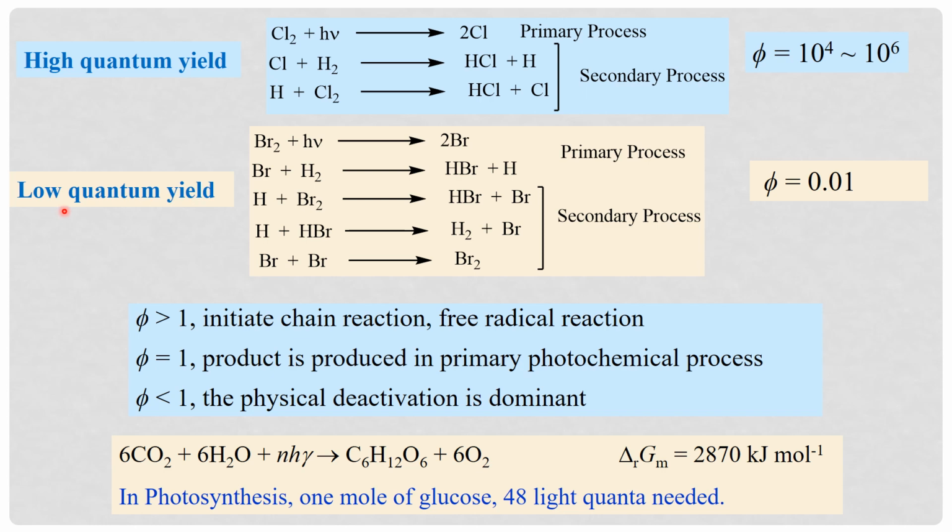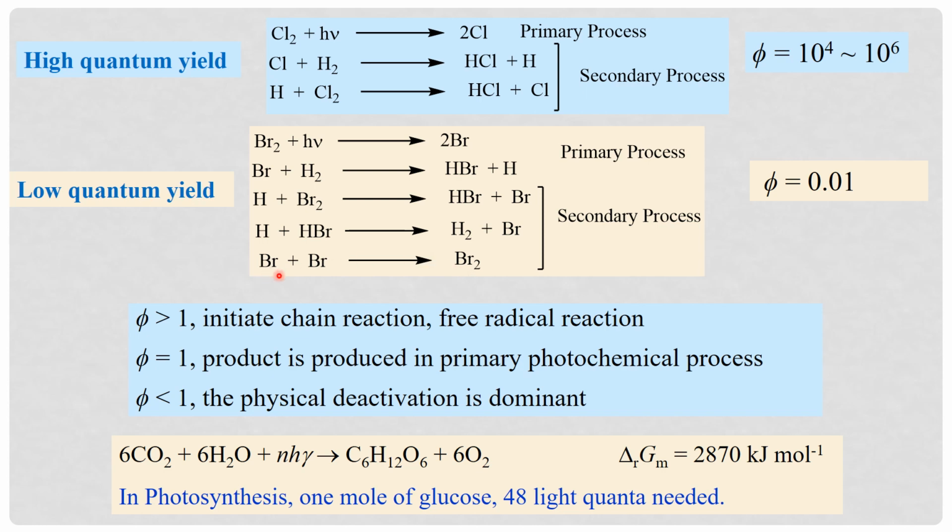molecules are converted by absorbing only one photon. Sometimes quantum yield is low. The reaction of H2 and Br2 has a quantum yield of 0.01. The reason is that sometimes excited molecules are de-excited. They lose their energy.